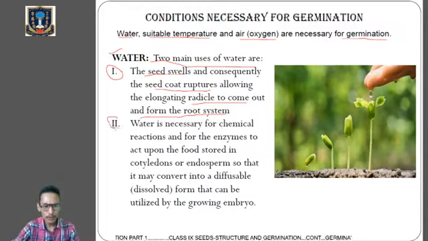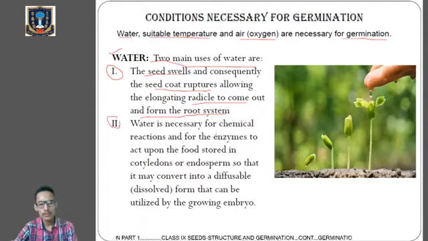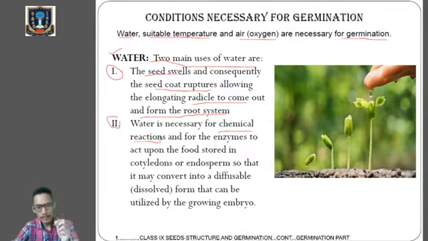Now number two, water is also essential for the different types of chemical reactions that occur within the seed, and at the same time for the activation of the enzymes. Clear?